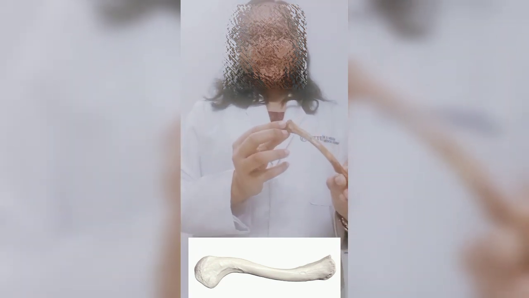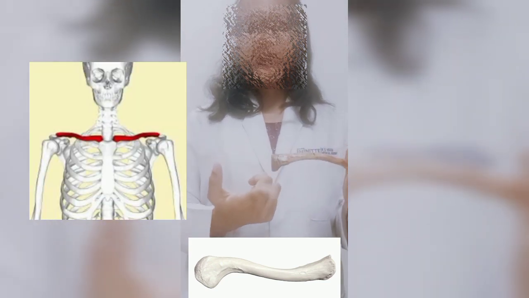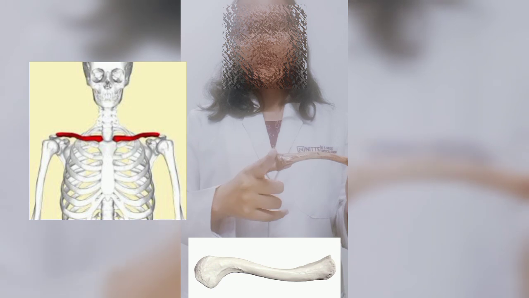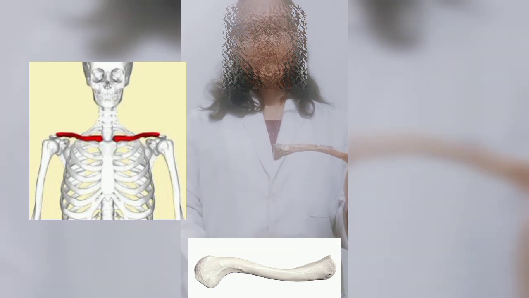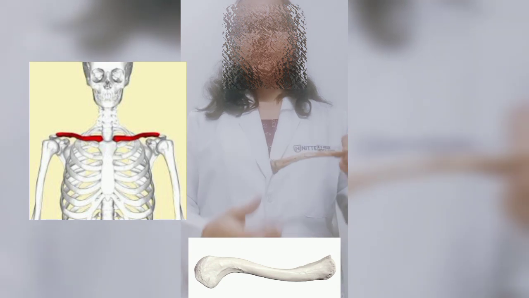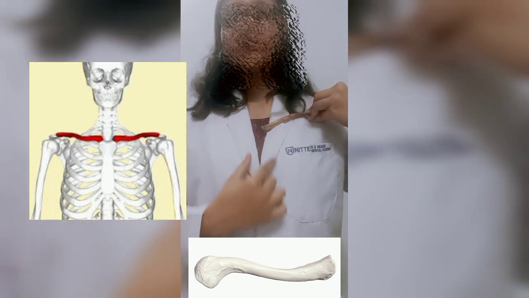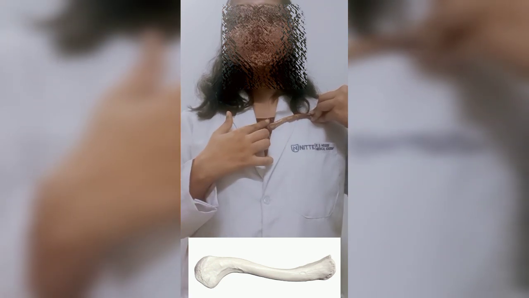Here there is the sternoclavicular joint, because the clavicle joins to the sternum. If I keep it like this, the sternum is here and this is the clavicle, so here is the sternoclavicular joint.